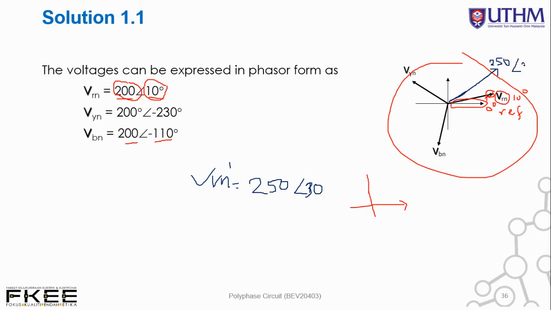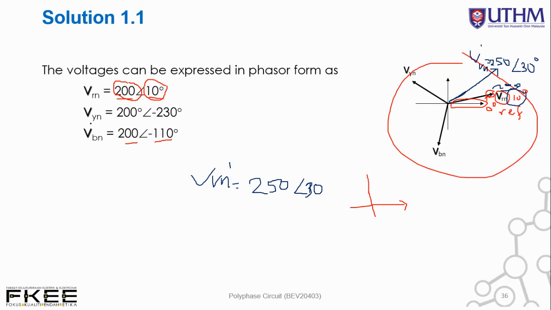The angle of 30 is wider compared to only 10. The shorter one means the lower value, 200. So we have done VRN.